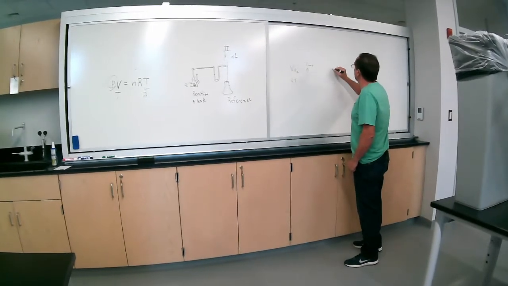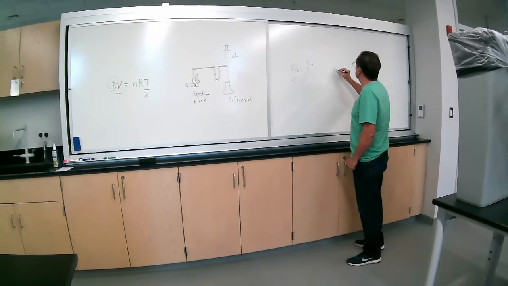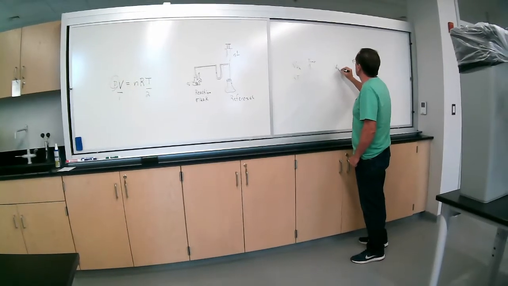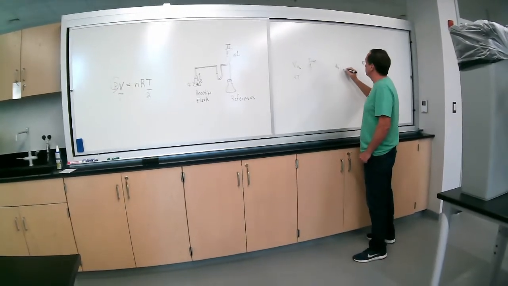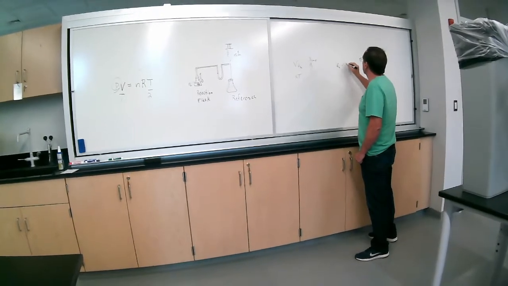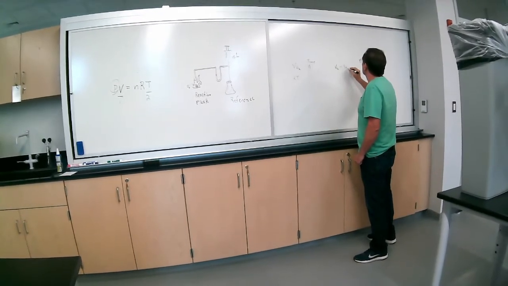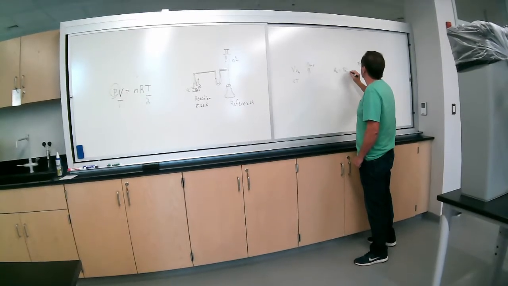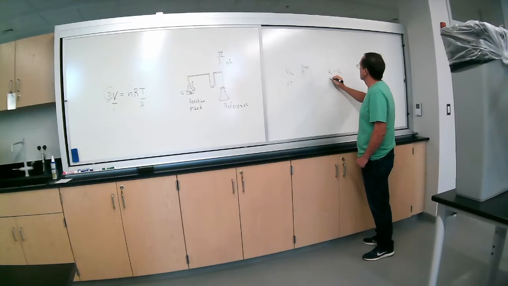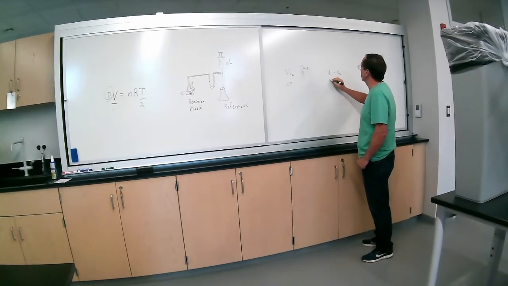And so we have VO2 at time 2 divided by our uptake at time 1. So this is after we added the heat.